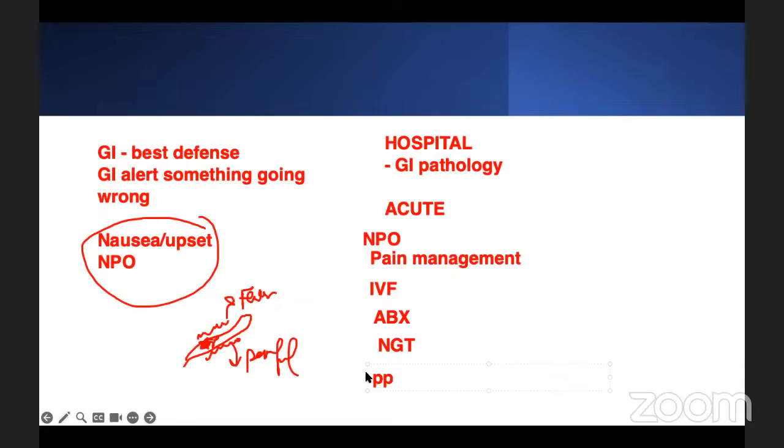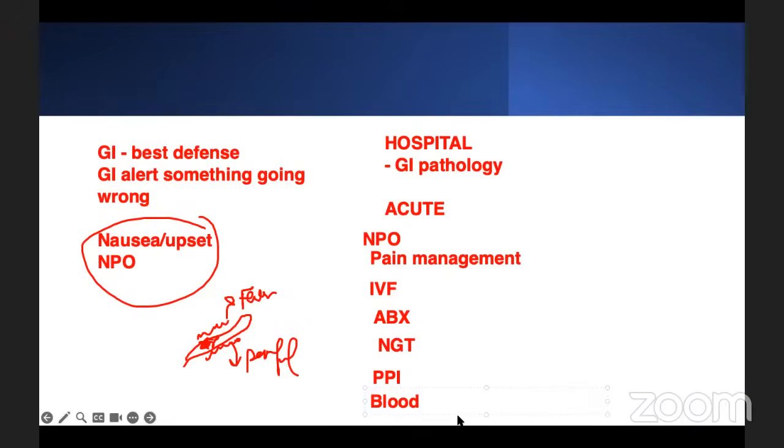If they're bleeding, it's a no-brainer, they will get some blood. And there's some specific problem that needs specific medication. So depending on the situation, they may need some specific medication.